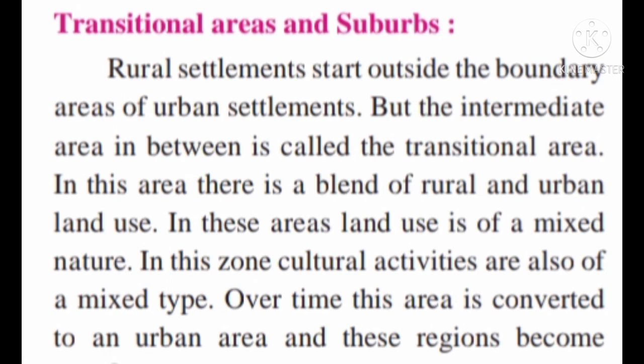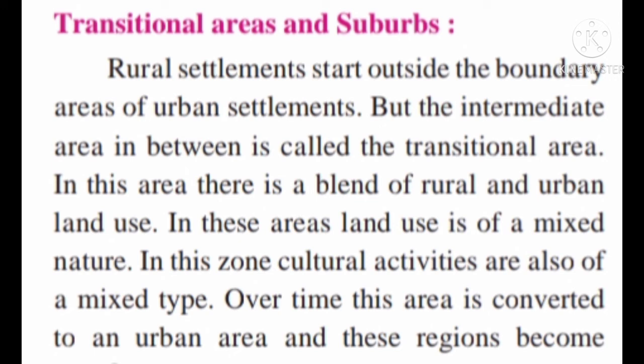Rural settlement starts outside the boundary areas of urban settlements, but the intermediate area in between is called the transitional area. In this area, there is a blend of rural and urban land use. In these areas, land use is of a mixed nature.